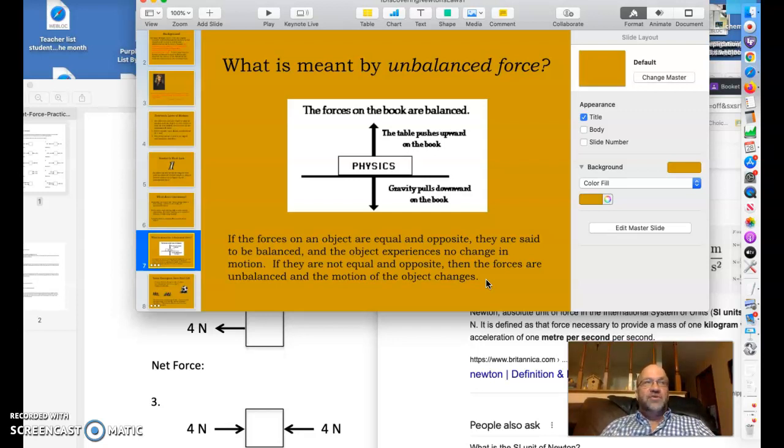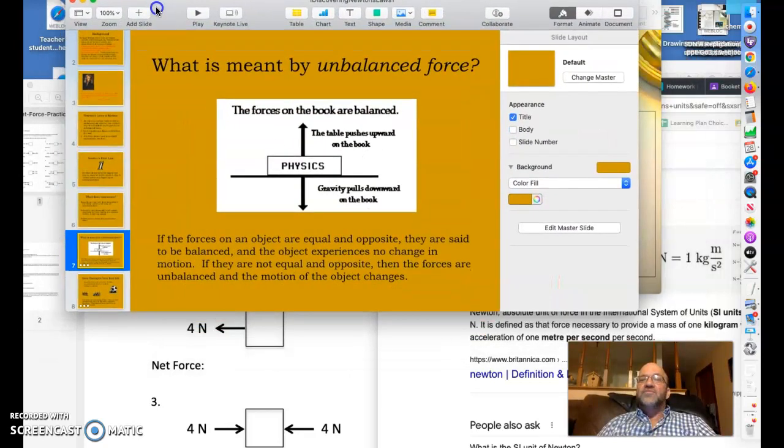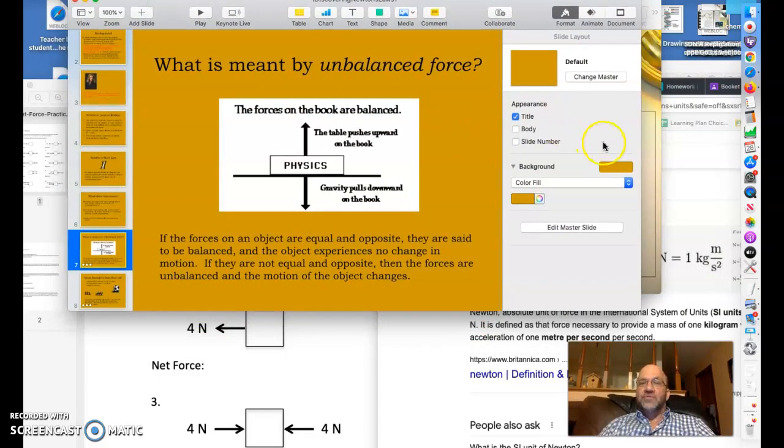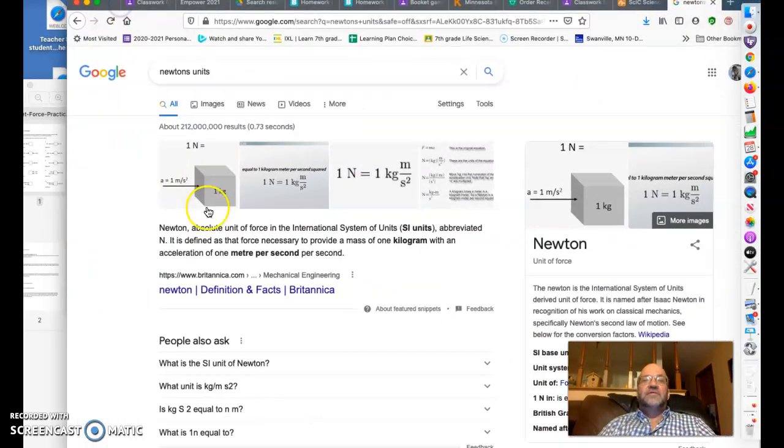If you go and you push it with a force, you're going to have an unbalanced force, and that object will move. Okay? So there's a way to measure force, and we use something called newtons. So newtons are something that you measure force with, and here is an explanation.